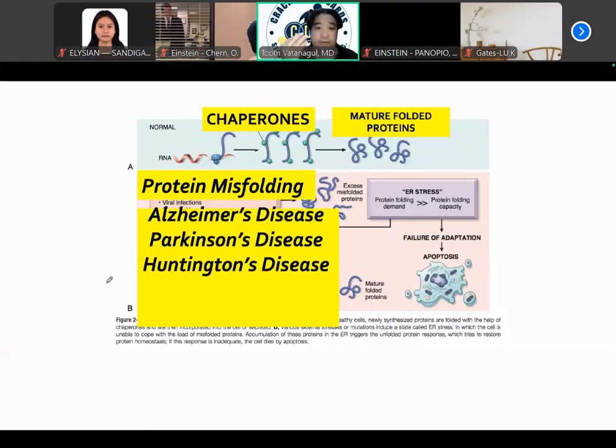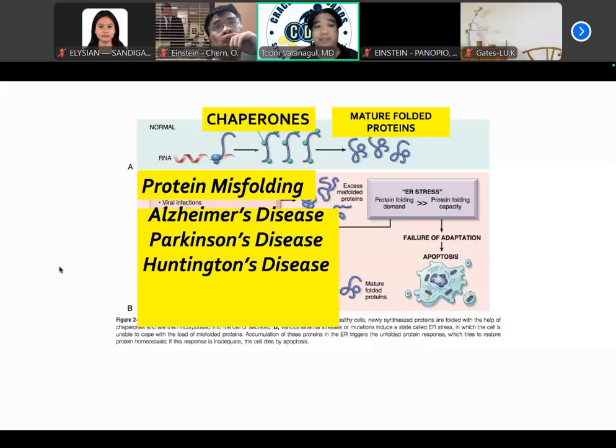There are 3 diseases highlighted in the textbook, which result from protein misfolding: Alzheimer's, Parkinson's, and Huntington's.